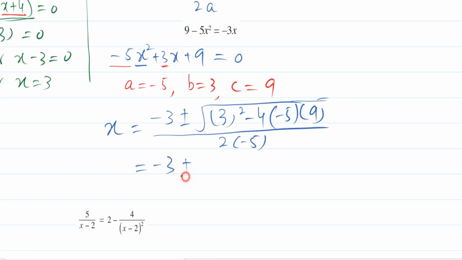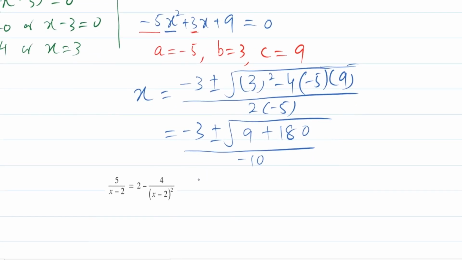Minus 3 plus minus, in the square root there will be 9 minus into minus plus, 5 4s are 20, this will become 180, over minus 10. So we are left with minus 3 plus minus square root of 189 over minus 10.